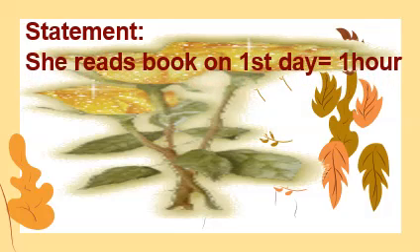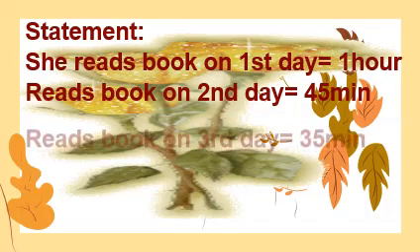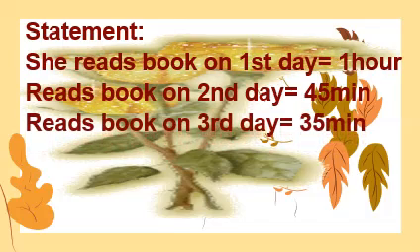Statement number 1 is she reads book on first day is equal to 1 hour. Reads book on second day is equal to 45 minutes, and reads book on third day is equal to 35 minutes.